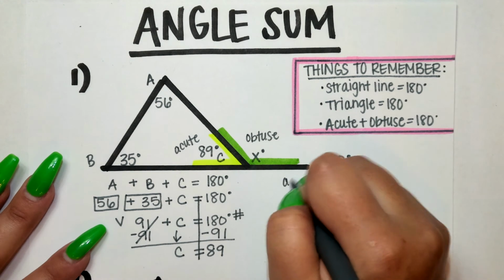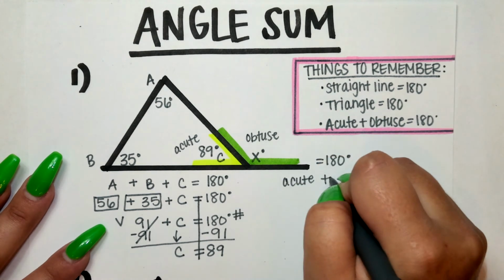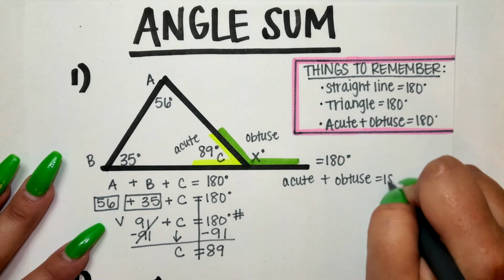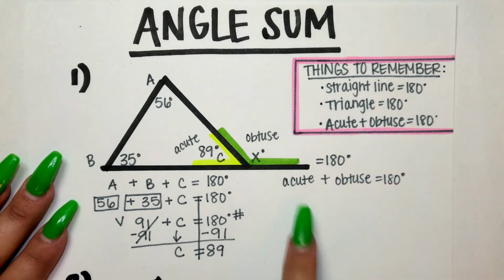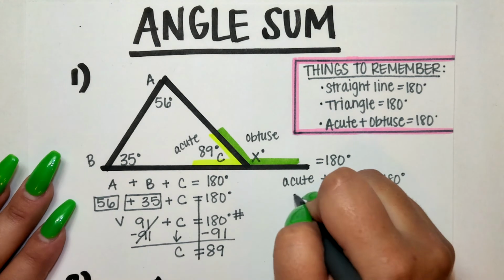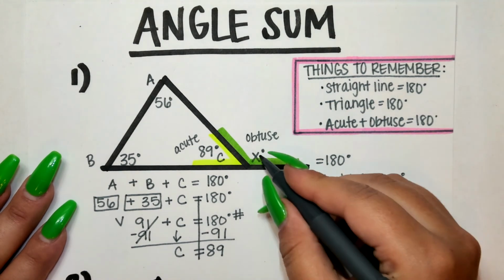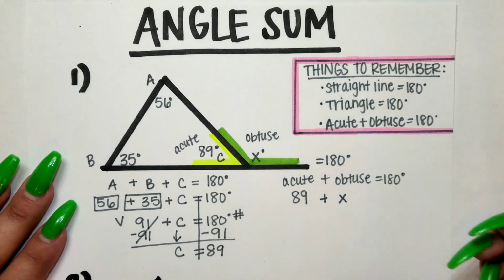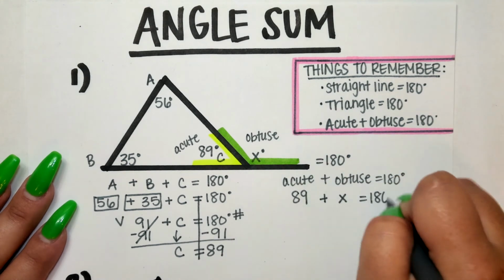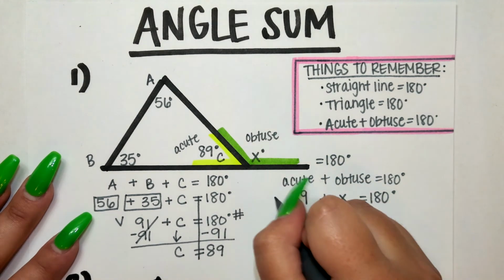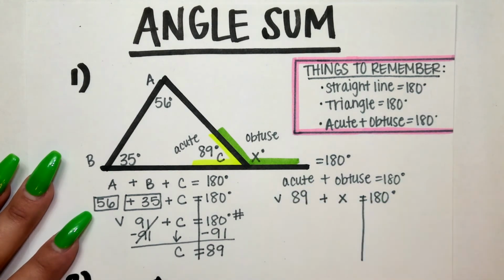So I'm going to do acute plus obtuse equals 180. So now my acute angle is 89 plus my obtuse, I don't know it. So I've got an X equals 180. So this is my variable side since it's the only side with a variable.